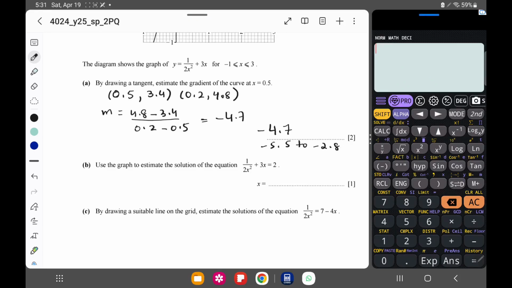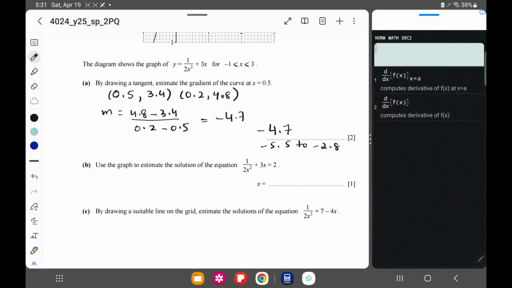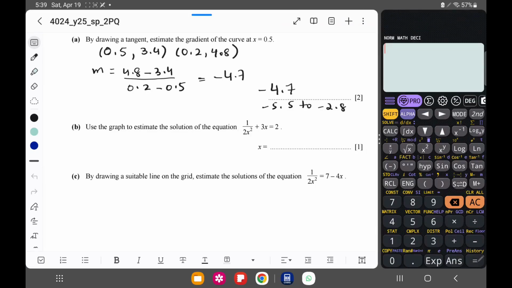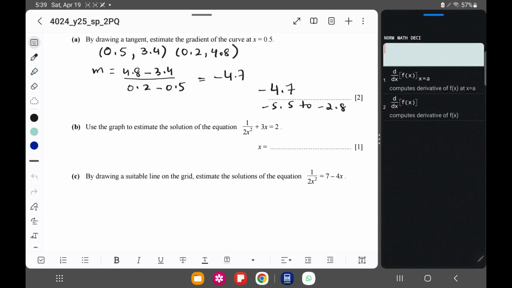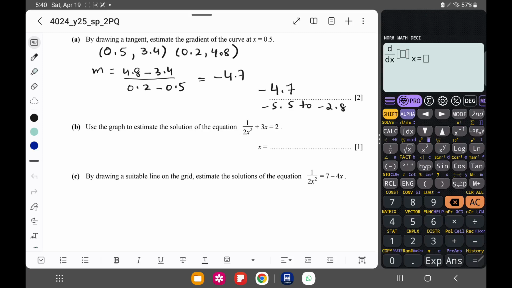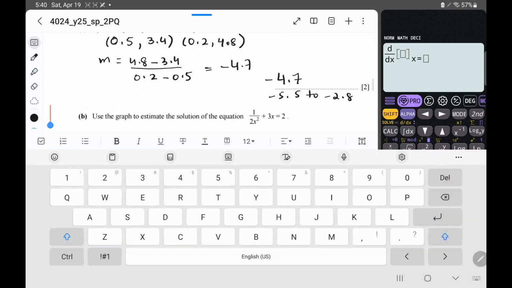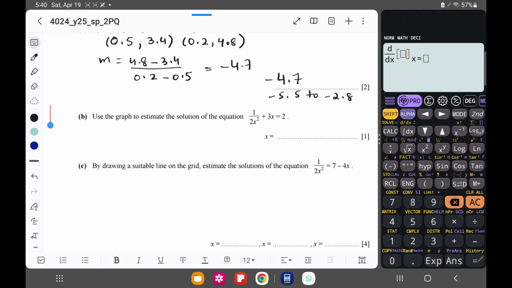Alright, so okay, you can check your answer also with this. On the calculator also you can check your answer with this. If you differentiate this question, if you understand this, look at that shift and then d upon dx. Okay, and then you will have this type of equation. The calculator comes directly, so it's just right on the right hand. So if you are just writing down the equation was 1 upon 2x square plus 3x equals 2. So this was the equation.